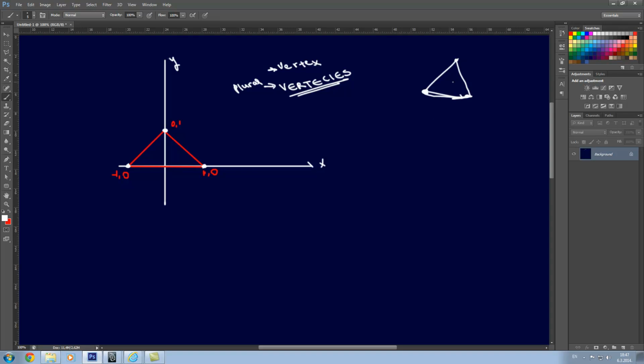It's very important to understand whether a triangle like this is pointing towards you or pointing away from you. Why? Because you don't need to render something that you won't see anyway, right?